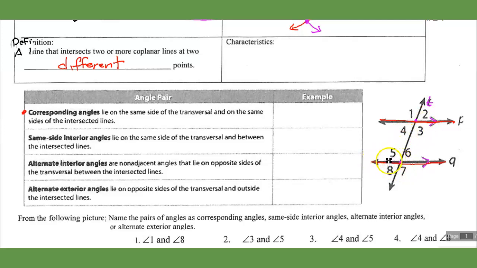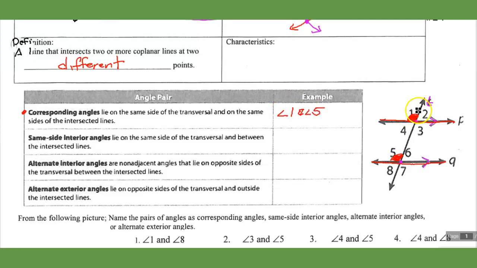The corresponding angles are the ones in corresponding positions, one from each. For instance, angle 1 is in the upper left corner here. And what is the angle number for the other parallel line? That would be angle 5. So angle 1 and angle 5 are corresponding.